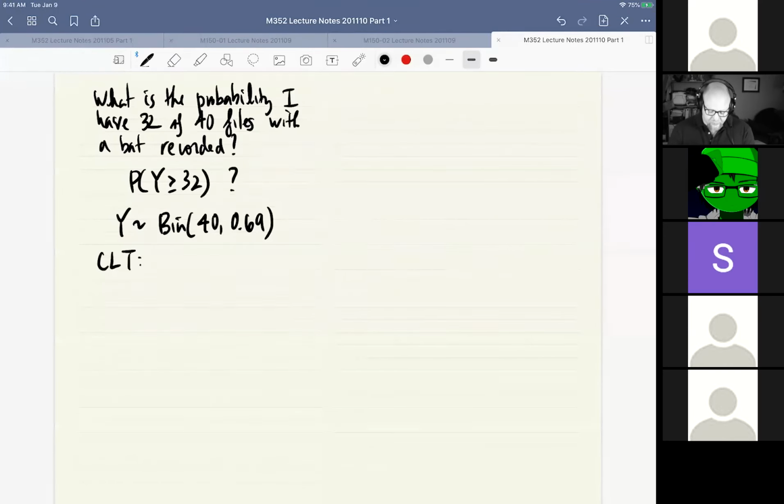And the central limit theorem tells me that this is approximately equal to the normal distribution with mean n times p and variance n times p times 1 minus p. Did I get that right? I don't think I got that right.